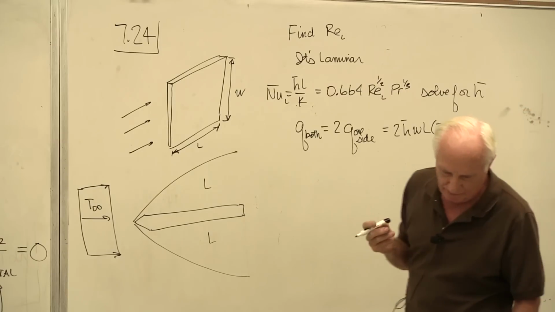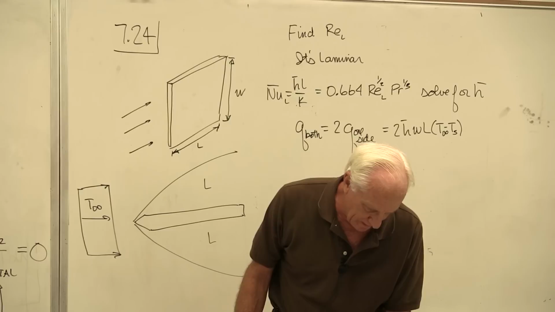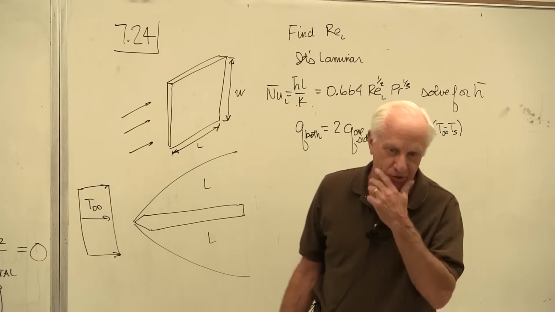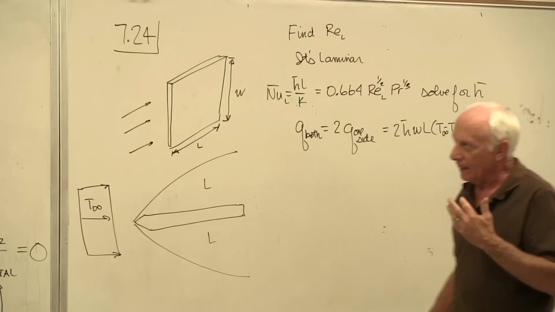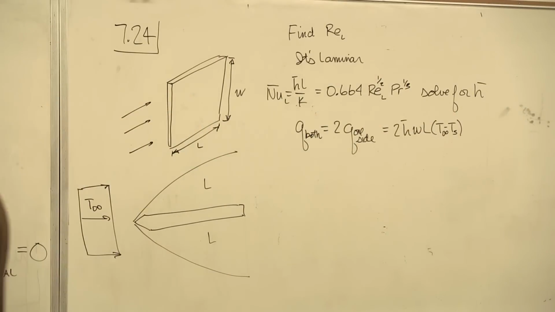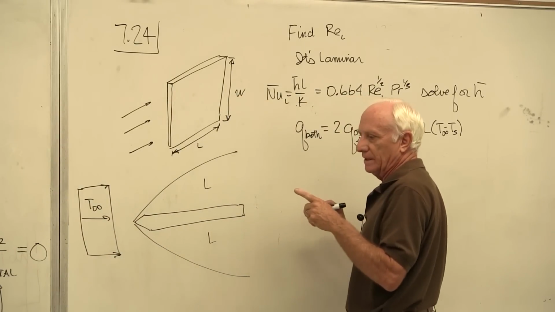Okay, now, second part. What's the corresponding rate of change of the plate temperature? Here we go again. Problem 7.20. Chapter 1, surface control volume. Chapter 1, I'm going to take the whole plate as my control volume.